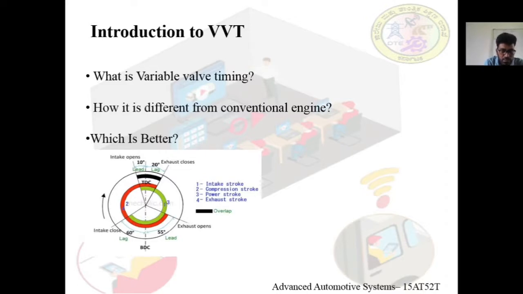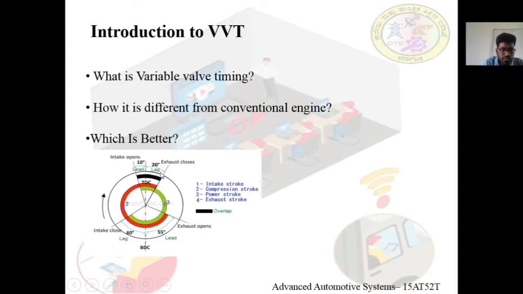Here we can see that intake opens 10 degrees before TDC and closes 60 degrees after BDC, and exhaust opens 55 degrees before BDC and closes 20 degrees after TDC.